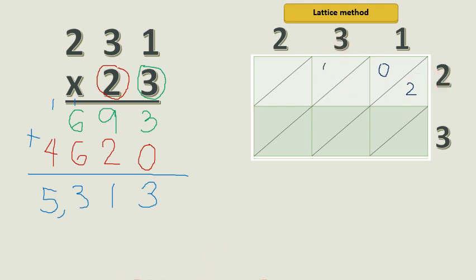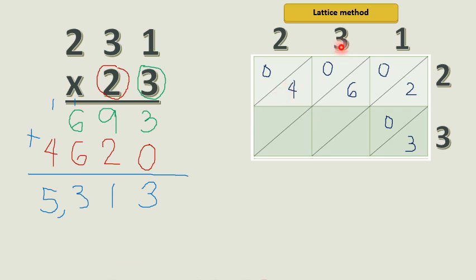So, magiging 0, 6. Kasi isang digit lang naman siya. Then, 2 times 2 is 4. So, magiging 0, 4. Okay, then next, dito naman tayo sa baba. So, 1 times 3 is 3. So, 0, 3.